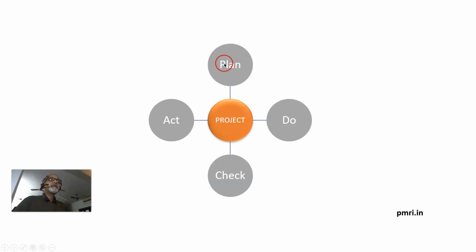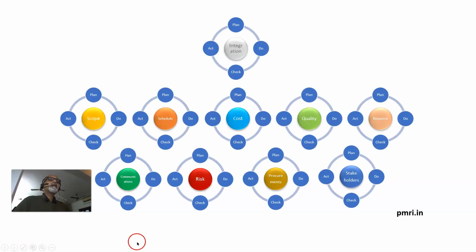So now when it comes to project planning, we are addressing the planning part of it. Now we already discussed the 10 knowledge areas: integration, scope, schedule, cost, quality, resource, communications, risk, procurements and stakeholders. So all the 10 knowledge areas must undergo the PDCA cycle.